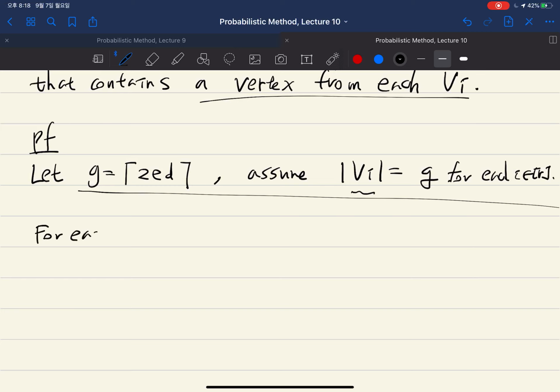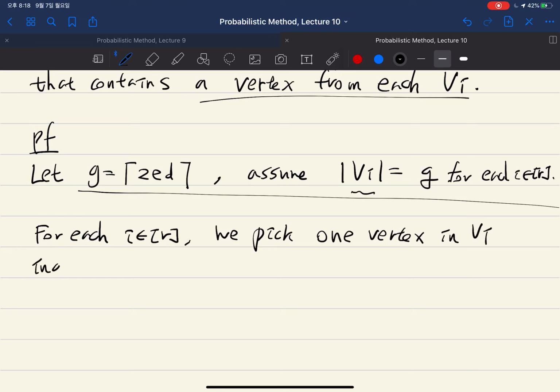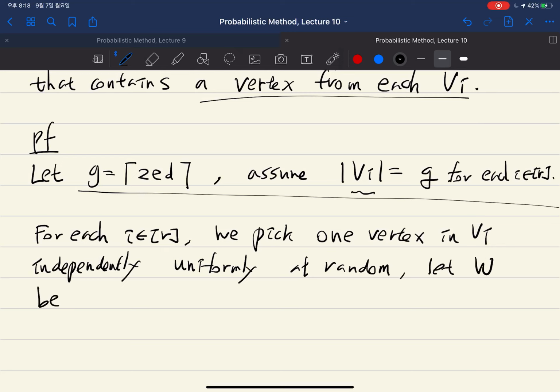So for each i, we pick one vertex in Vi independently, uniformly at random, and let W be the set of chosen vertices.